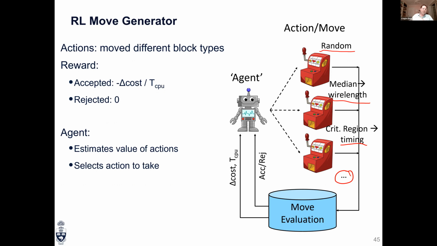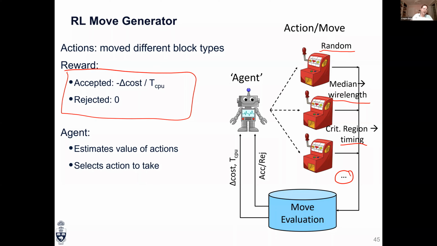We experimented with a few different reward functions. This is one that worked quite well. The final one we use is a slightly more complicated version of this. Basically, if a move is accepted, the reward is the cost gain, so the negative delta cost, divided by the time it took, or an estimate of the time it would take.